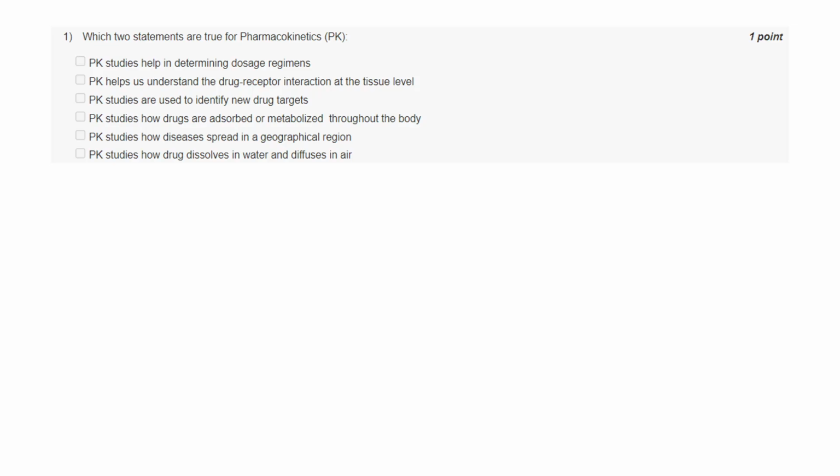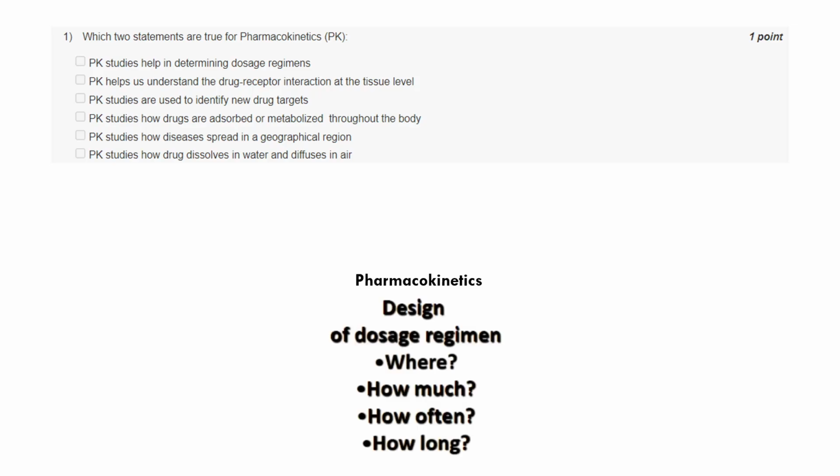So first question is, which two statements are true for pharmacokinetics? So pharmacokinetics essentially deals with designing a dosage regimen, which includes points such as where do we want to give the drug in the body, how much amount is going to be administered at once, how we are going to administer it, that is the route of administration, how often, meaning the frequency, is it going to be daily, weekly, monthly, and how long is this treatment going to last for.